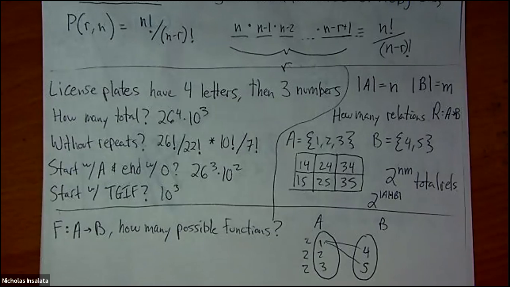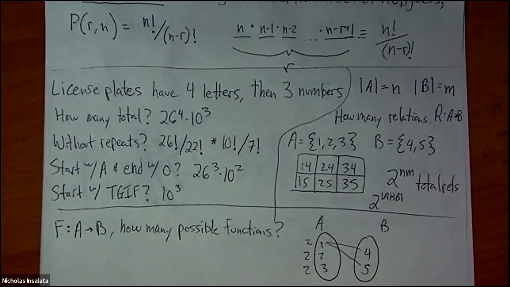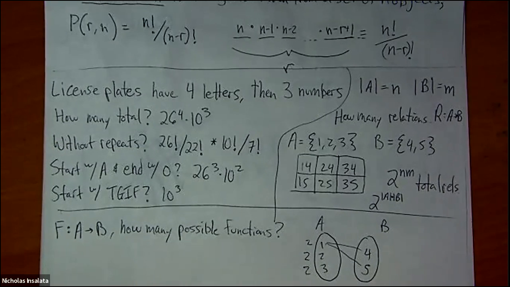So in general, how many possible functions can you have given the size of the set A and the size of the set B? Not cross, not quite.